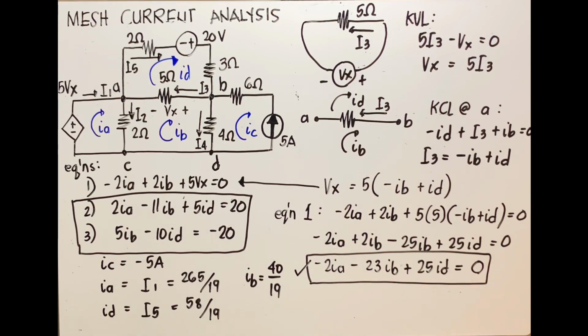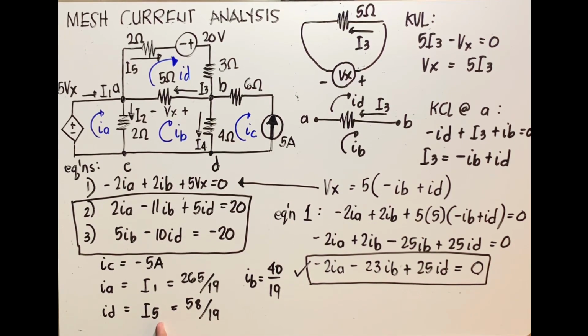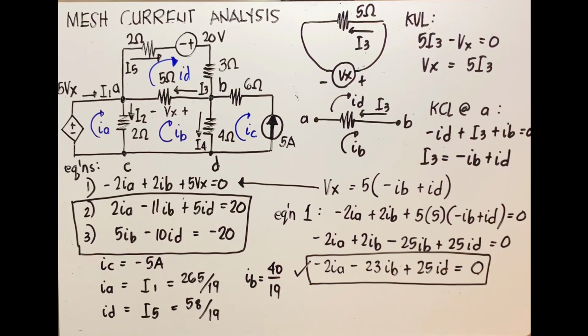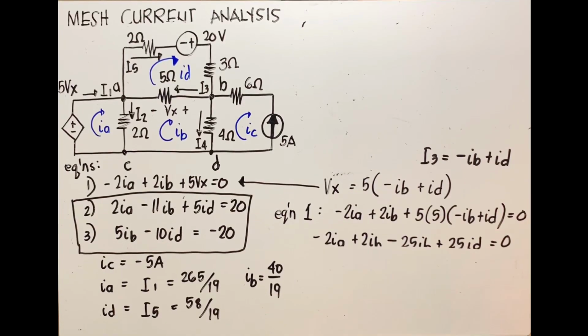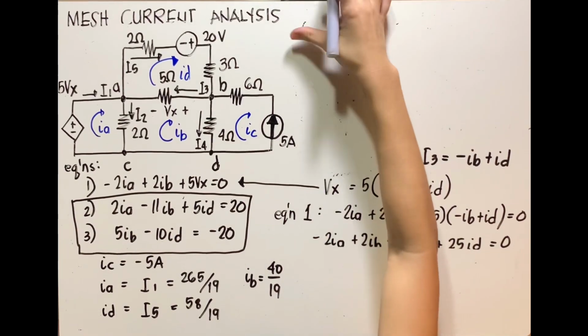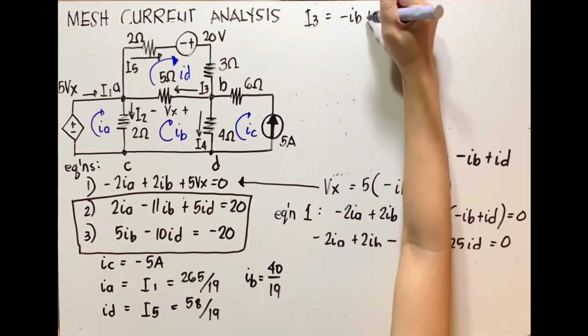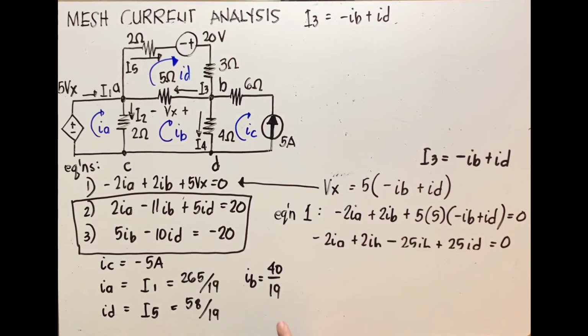Or kunin natin lahat. Kunin natin lahat ng branch currents. So, I already have I1, I5. Okay, I have to solve for I2, I4, and I3. Ito na si I3. Okay, so from here, I already have I3, which is equivalent to negative IB plus ID. So what we're going to do is substitute the values we've solved.